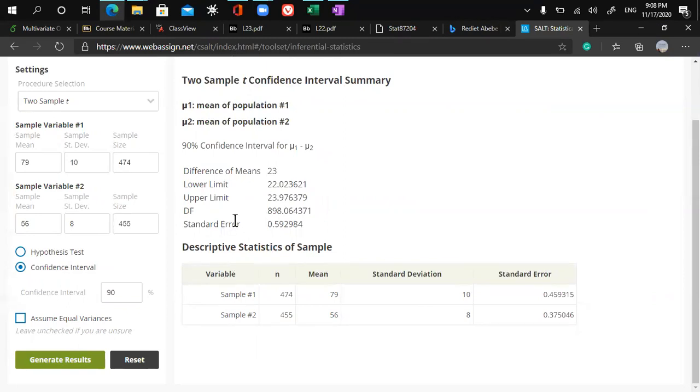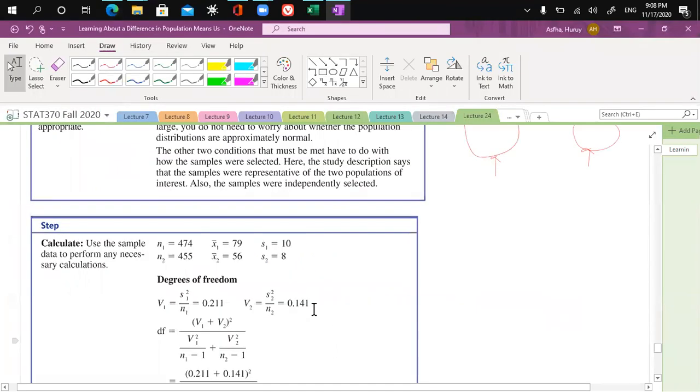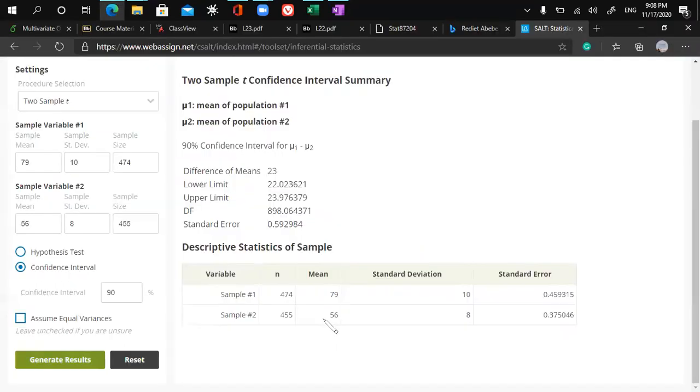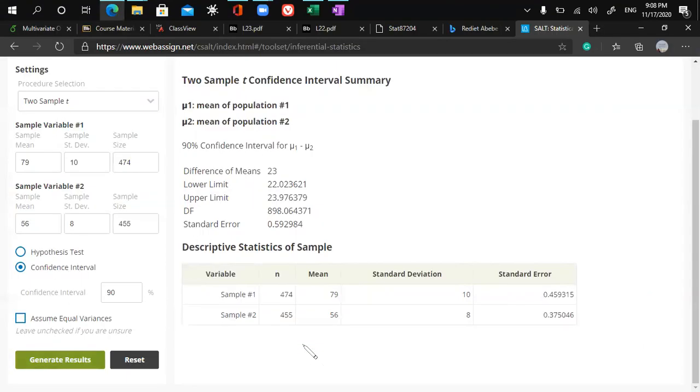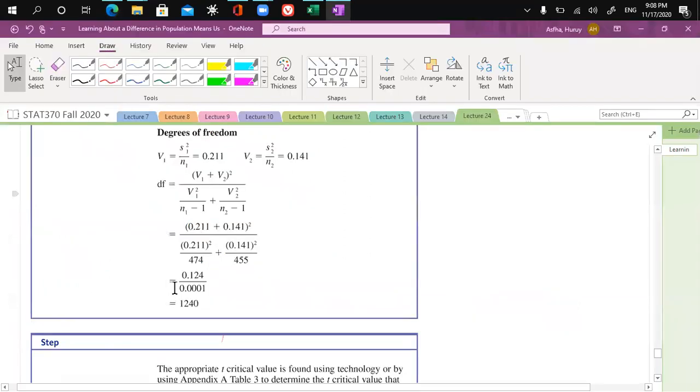There must be some error either in this calculation or, yeah.